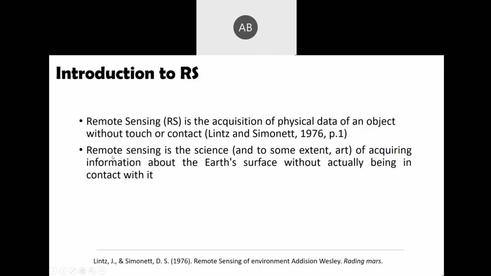Another aspect, which is quite hidden, is that remote sensing also depends on who is doing it. Though this is a science like all other sciences, there is a personal touch to it, which is sometimes known as art.